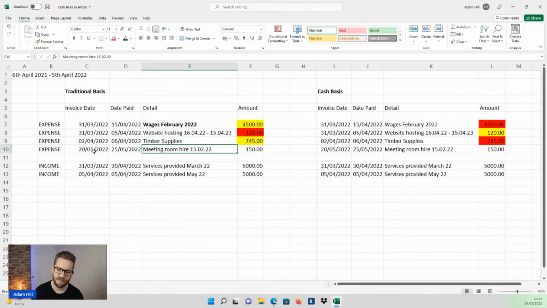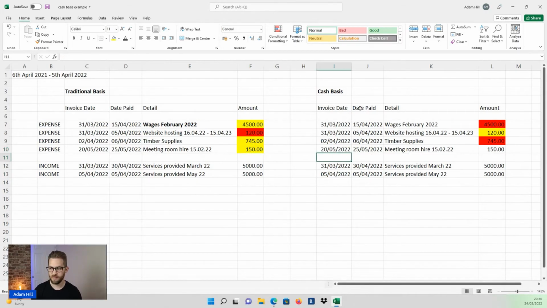Final one for expenses, invoiced on the 20th of the 5th, so well outside of our accounting period, paid on the 25th of the 5th, so again right outside the accounting period, but it was for a meeting room hire back in February, which does fall within our accounting period. Now, under traditional accounting, we account for expenses when they are incurred, and we incurred this in February, so we definitely need to include that in our accounts or in our expense figure.